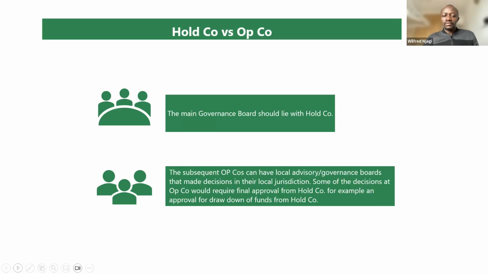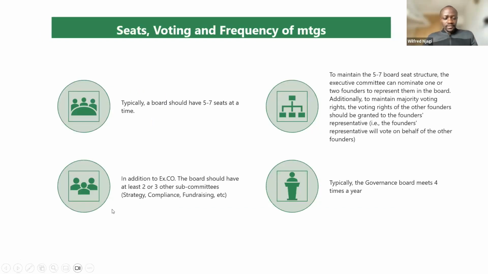Next. Now, let's look at number of board seats, voting, and frequency of meetings. I advise against having a huge board, right? Because you can't move, you can't reach decision points if you have 10, 12 people all sharing different views.